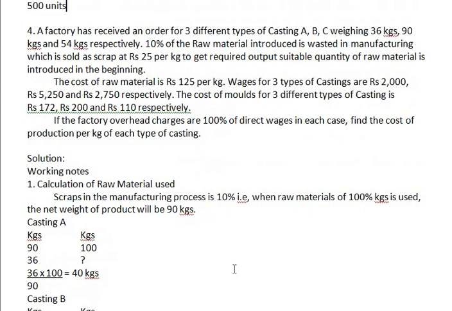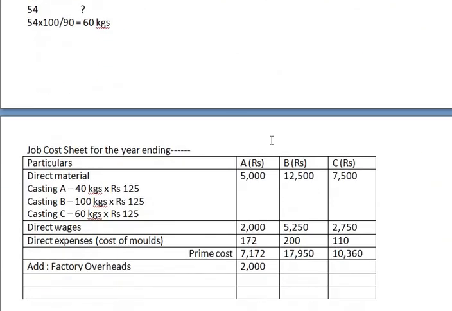They have told 100% of direct wages, right? If the factory overheads charges are 100% of direct wages, so whatever direct wages amount we have, that itself we need to take. So here it is 5,250 and here it is 2,750. Okay. Yes.